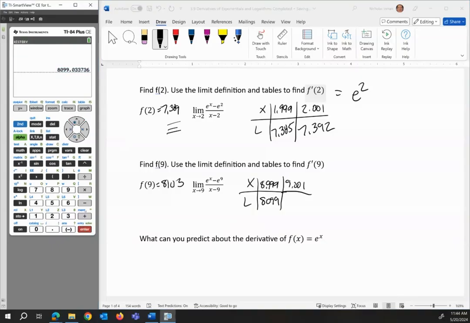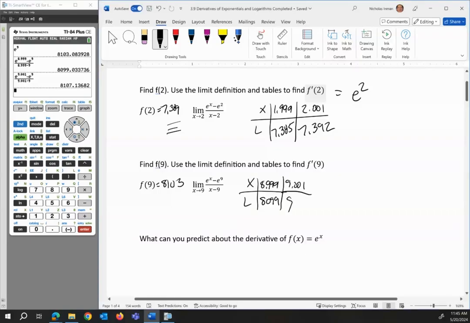Then we repeat this with a number just a little bit bigger than 9. So what's right in between 8,099 and 8,107? Yeah, you guessed it, 8,103.